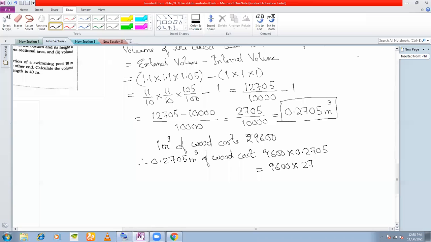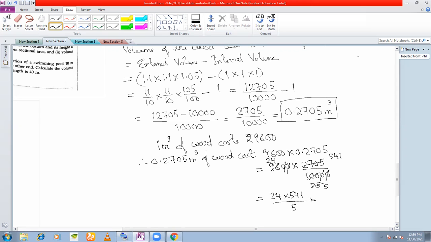Okay, you can convert this to a fraction and work conveniently. 9,600 into 2705 divided by 1 followed by 4 zeros. The 2 zeros get cancelled. Okay, so you have 25 here and you have 24 here. I think this should also cancel with 25. Cancel with 5 first. Okay, so you're getting 24 into 541 by 5.